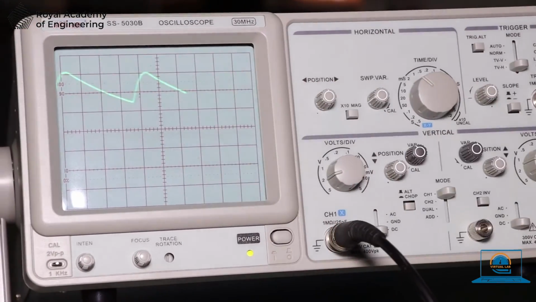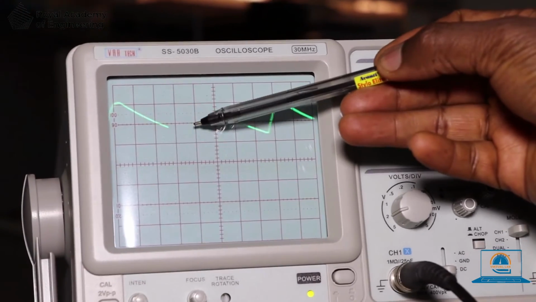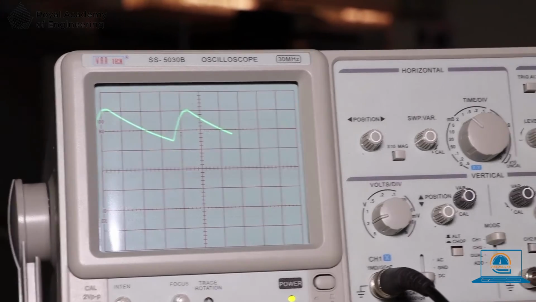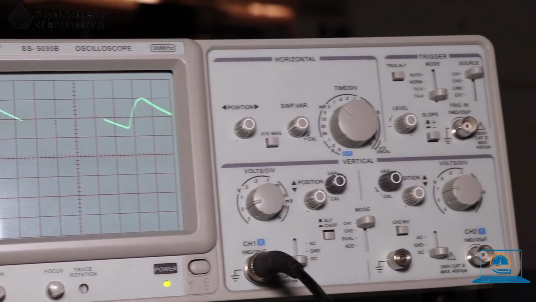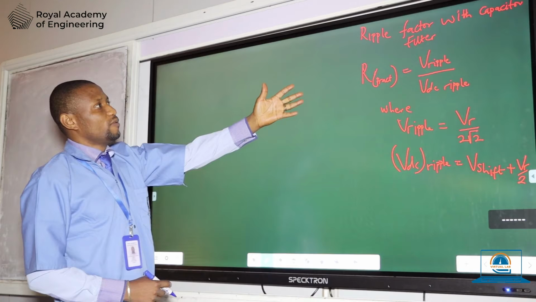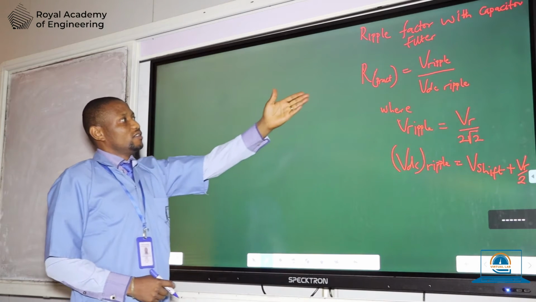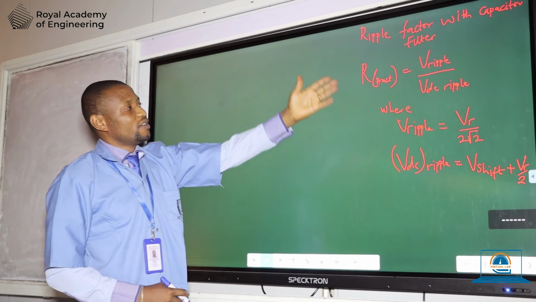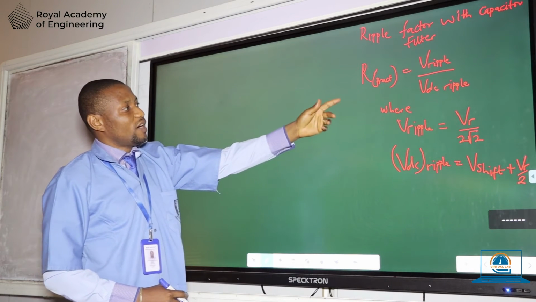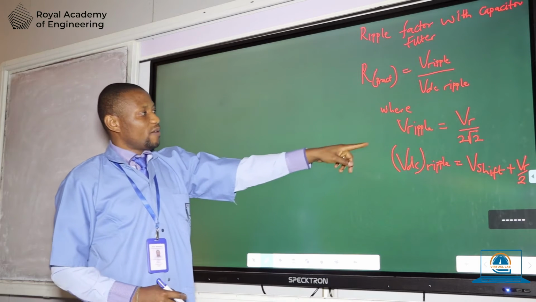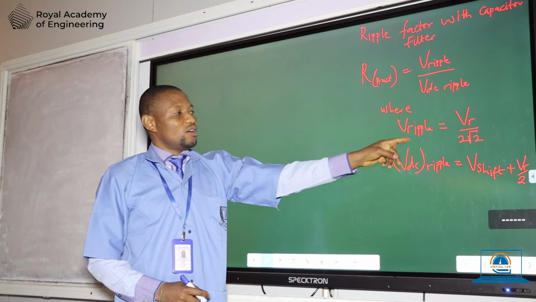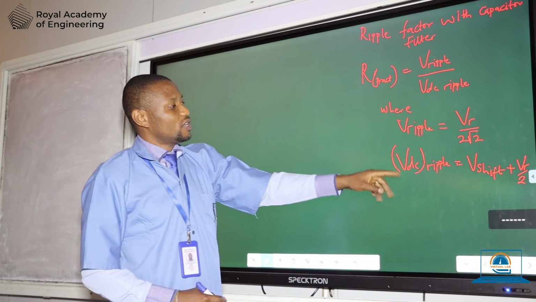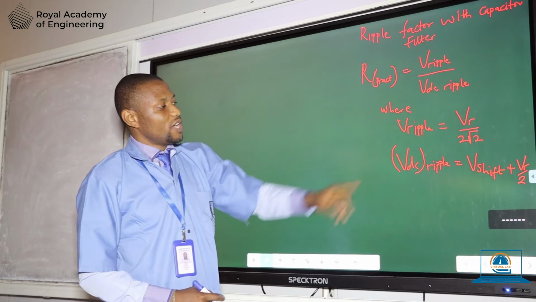The value in which it shifted from this point to this point is what is the V shift of the wave. However, to calculate our ripple factor with capacitor filter, the practical ripple factor is given as V ripple all over VDC ripple, where our V ripple is VR all over 2√2, and VDC ripple is V shift plus VR over 2.